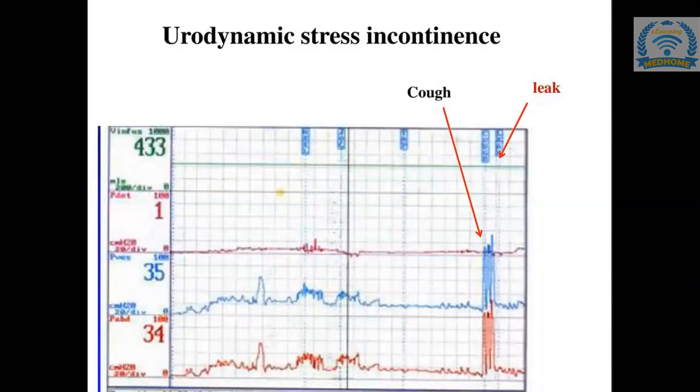Ma'am, that blue column represents the leak, right? The blue vertical lines represent the leak, is it? It's not necessary that the blue line will always represent the leak, because any color can represent anything.